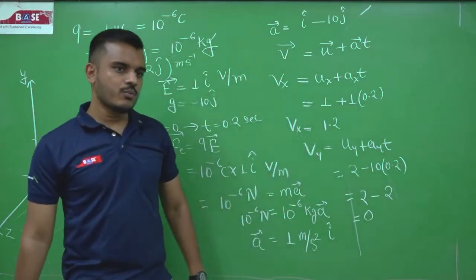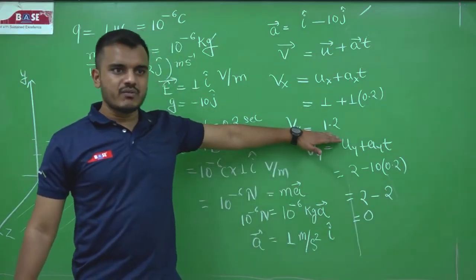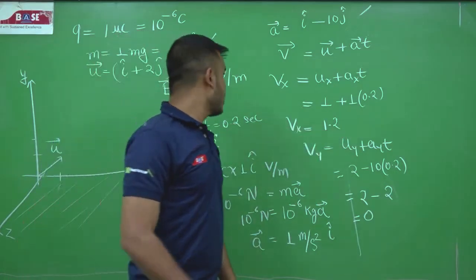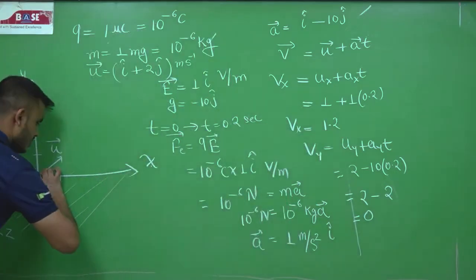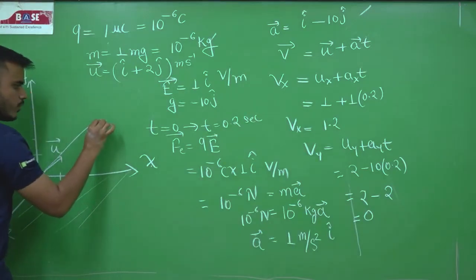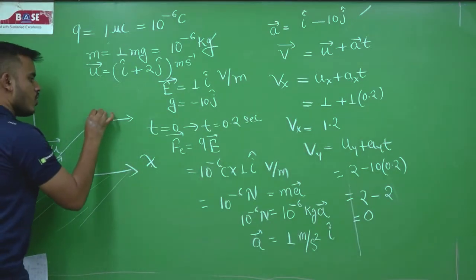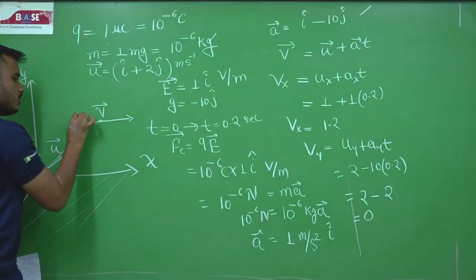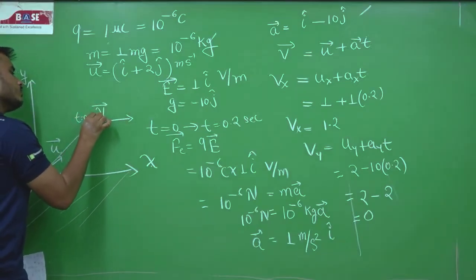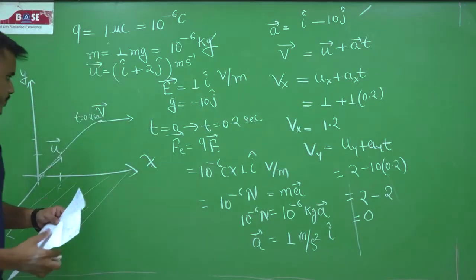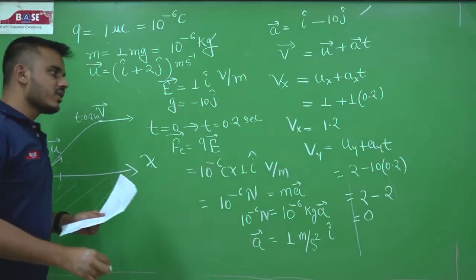It means after 0.2 second we have the complete velocity along the x direction. It means the particle is moving something like this, and after 0.2 second the particle becomes exactly along the x direction. This is your v vector. So this is at t equal to 0.2 second. Okay, so now the particle has the velocity only along the x direction.